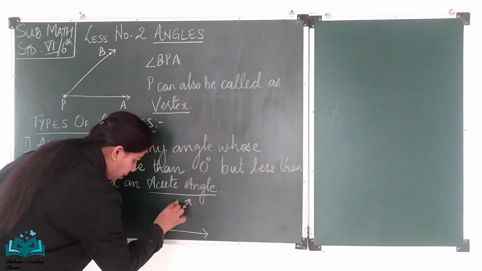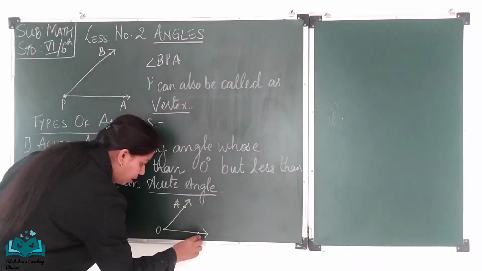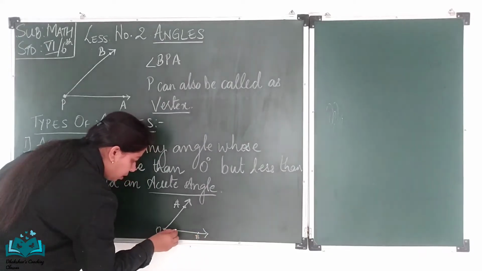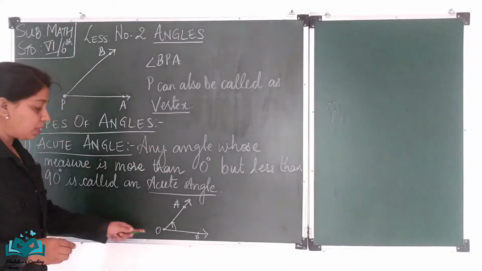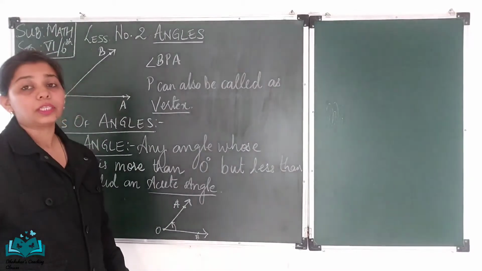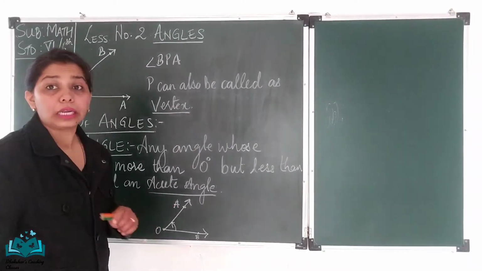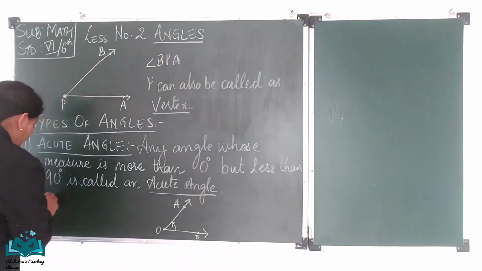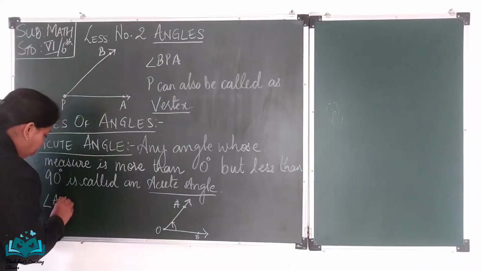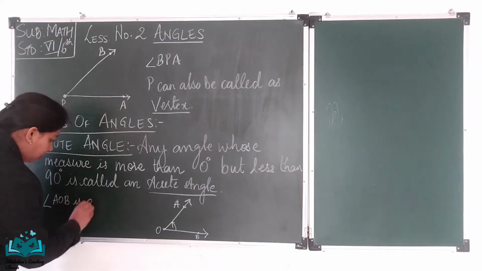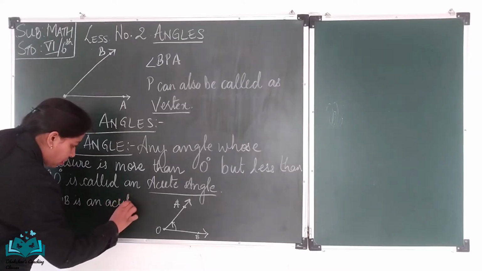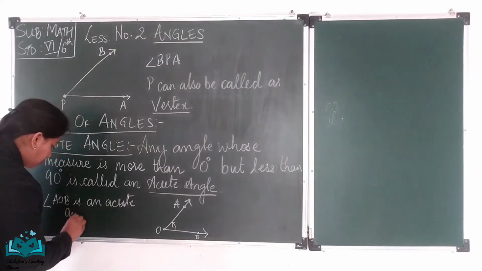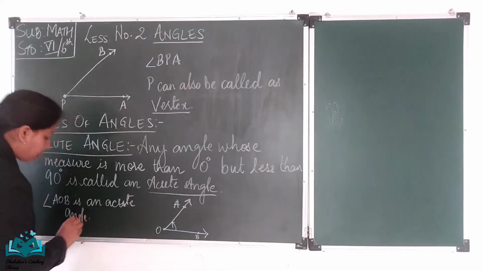Angle AOB. You can see it is greater than 0, but the measurement is what? It is less than 90 degree. So, angle AOB is an acute angle.